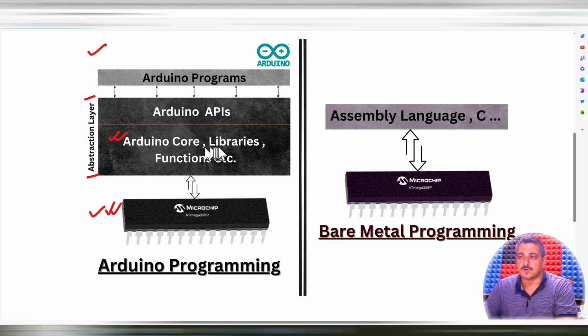Now you also have these libraries. What are these libraries? These libraries are basically those pieces of code which are used to control some electronic devices or electronic chips. In case of Arduino, there are many official libraries as well as libraries provided by the community people.